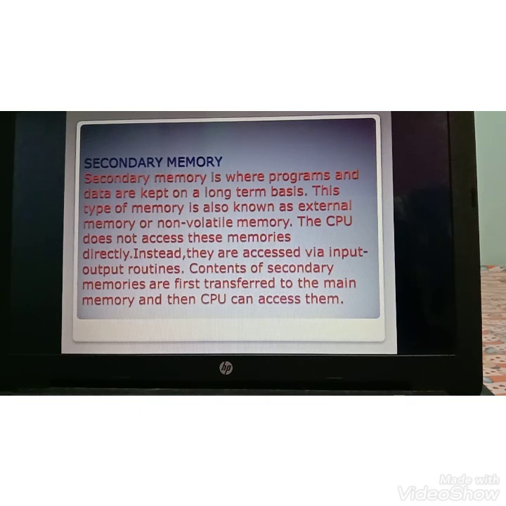The contents of secondary memories are first transferred to the main memory, that is the primary memory, and then the CPU can access them. So in primary memory, data are stored temporarily, but in secondary memory, data are stored permanently.